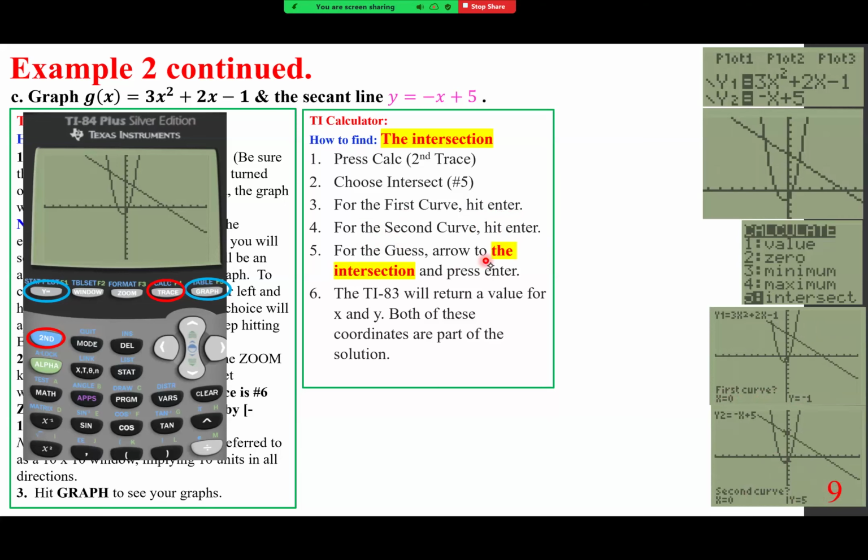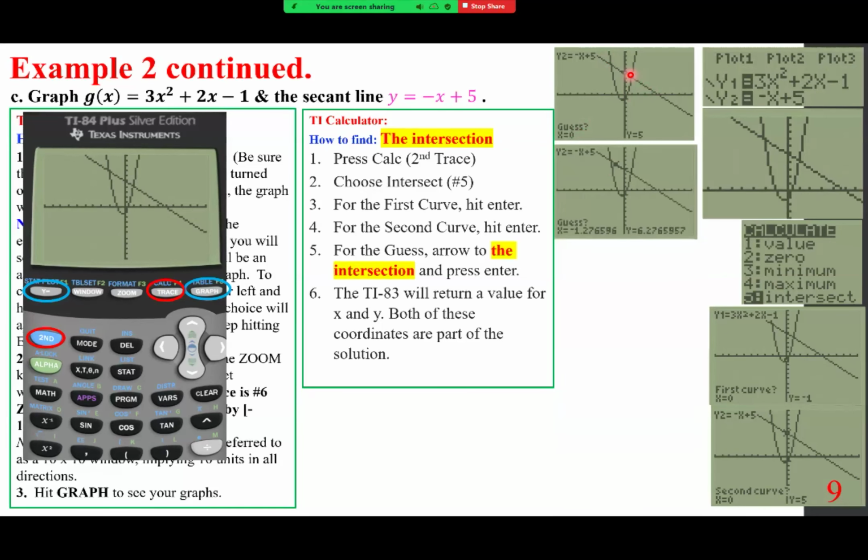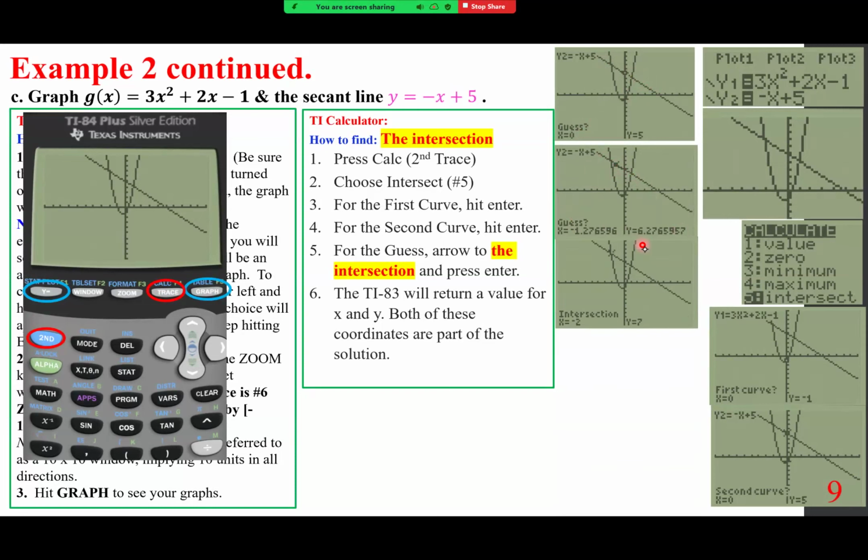Then it asks you to guess the intersection. Since there are two intersections, you are moving towards one of them. In this case, I went up towards this one. See the pair that it shows, it's where it's at. Now that I hit enter, it takes me precisely to the location of the intersection. It gives me the answer, -2 and 7.